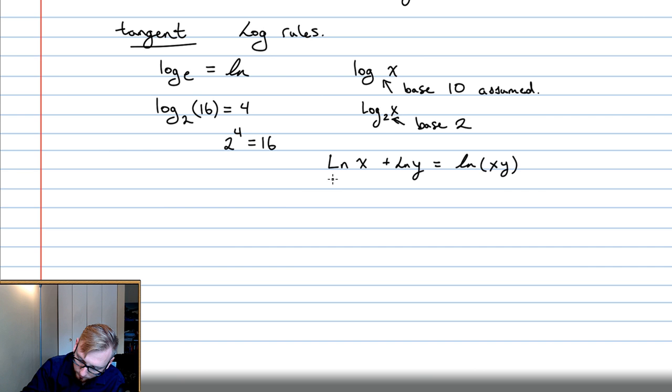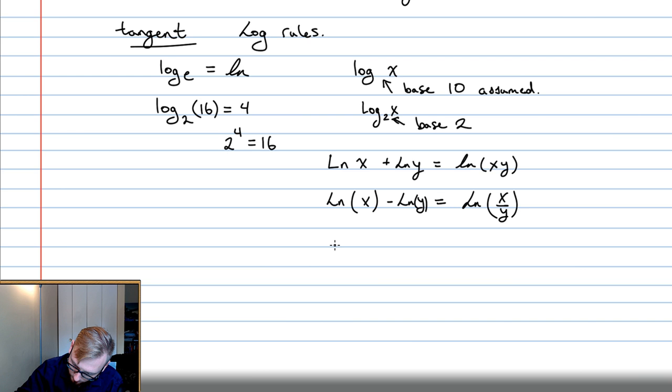I should do the multiplication first. Natural log of x minus natural log of y is the natural log of x divided by y.